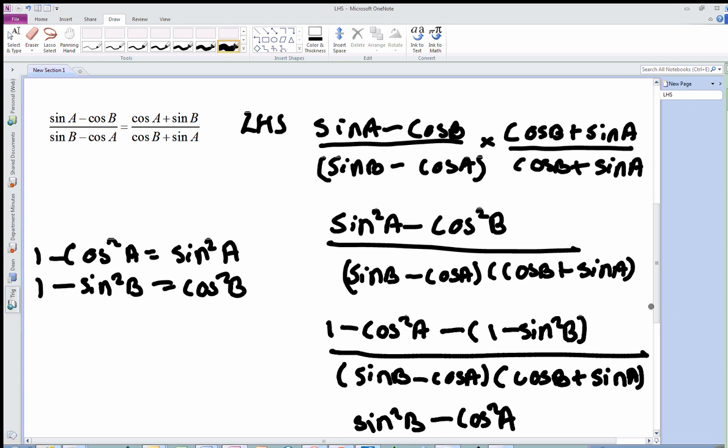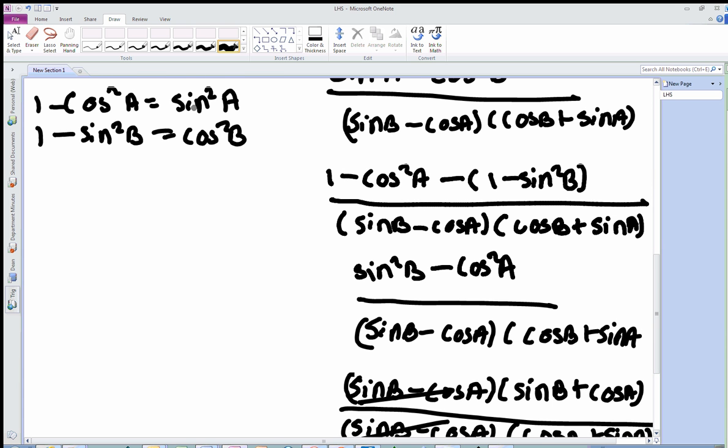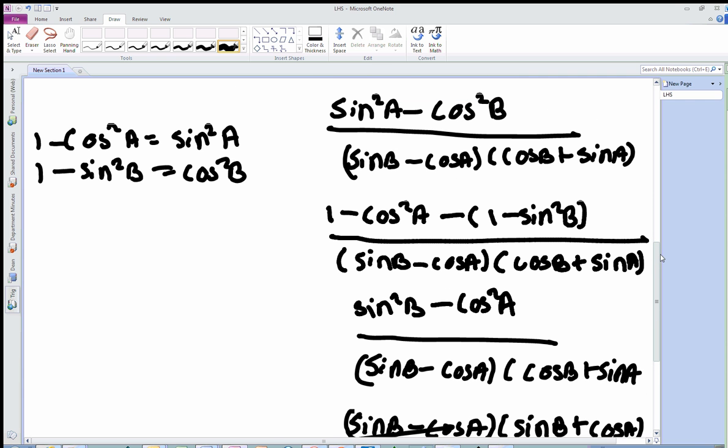The next step, the only identity that we actually used, was the cos squared plus sine squared equals 1 identity. We had a problem with the fact that we had an A on the top and a B on the bottom, so we had to get the coses all in terms of A's, and the sines all in terms of B's. So we just used that standard identity.